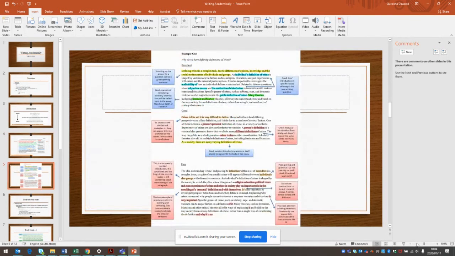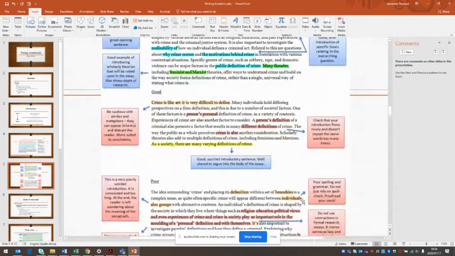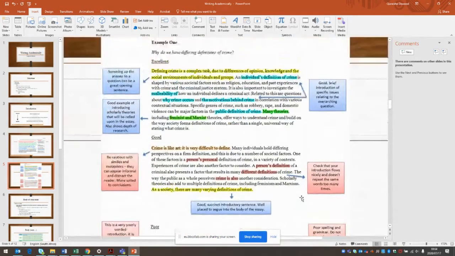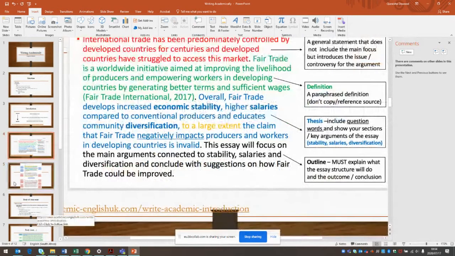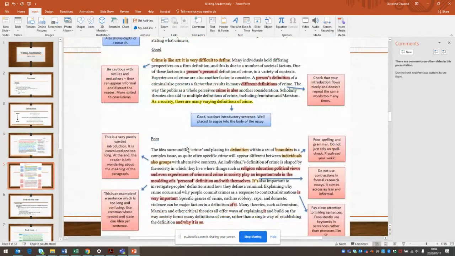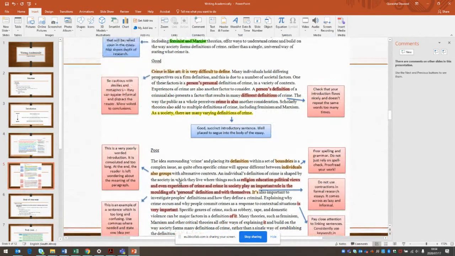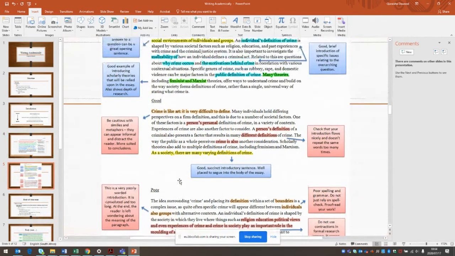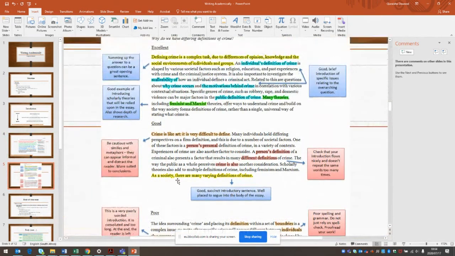I just want to show you this. This is an example of a poor, a good, and an excellent introduction. Okay, the topic is why do we have differing definitions of crime?